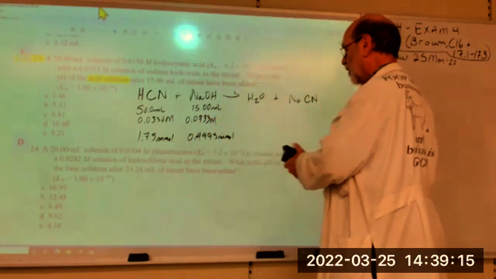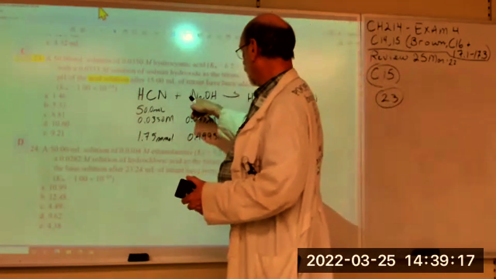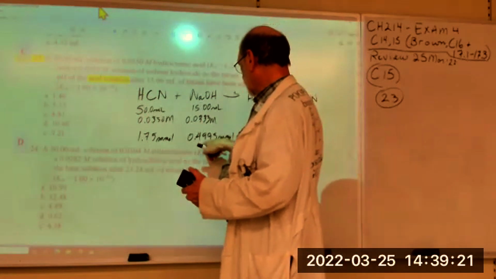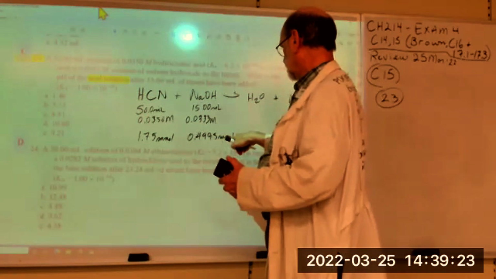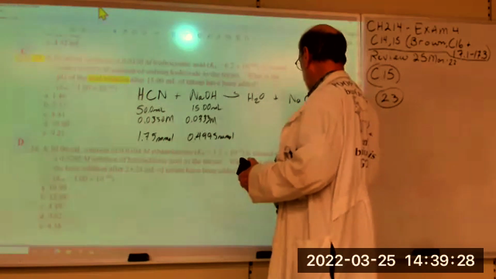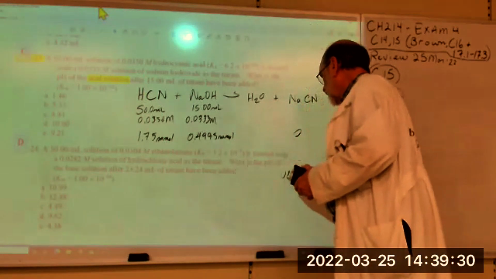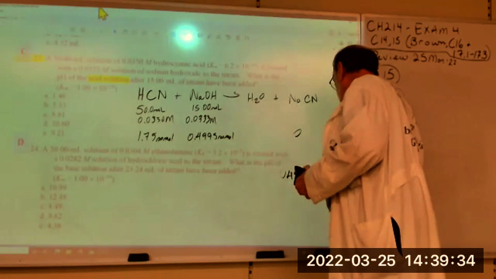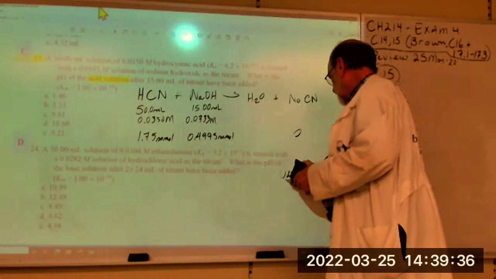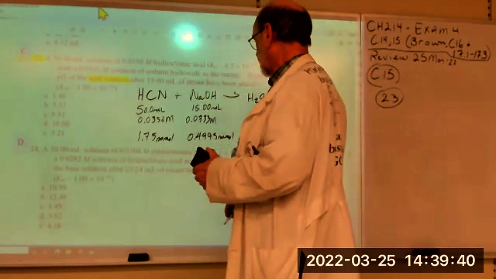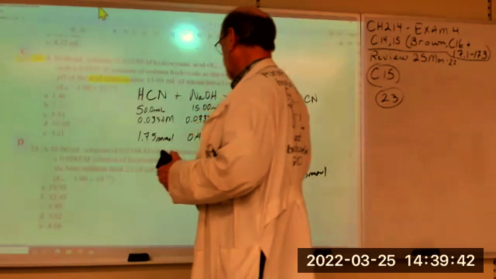When they react, notice they're 1-to-1, OH and H. So this one is going to be used up completely, and it's going to produce 0.4995 millimoles of sodium cyanide and 0 sodium hydroxide, but it's going to have some of this left over.